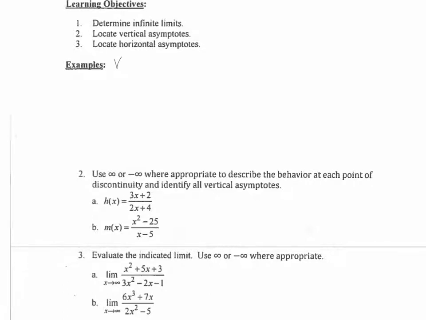A vertical asymptote occurs only where a denominator would equal 0. Okay? Only where a denominator would equal 0.